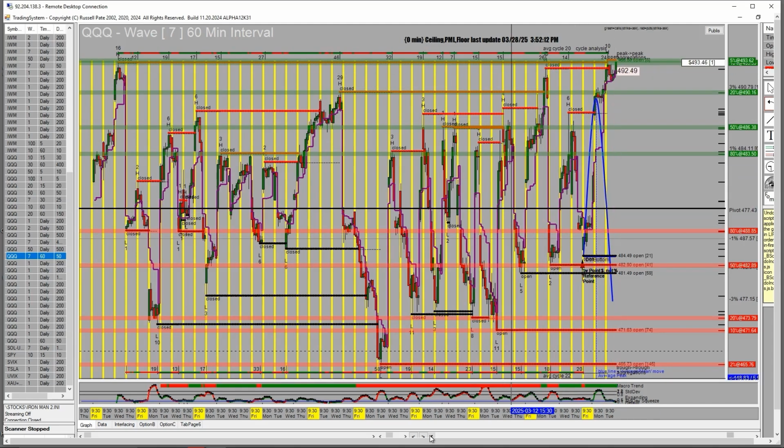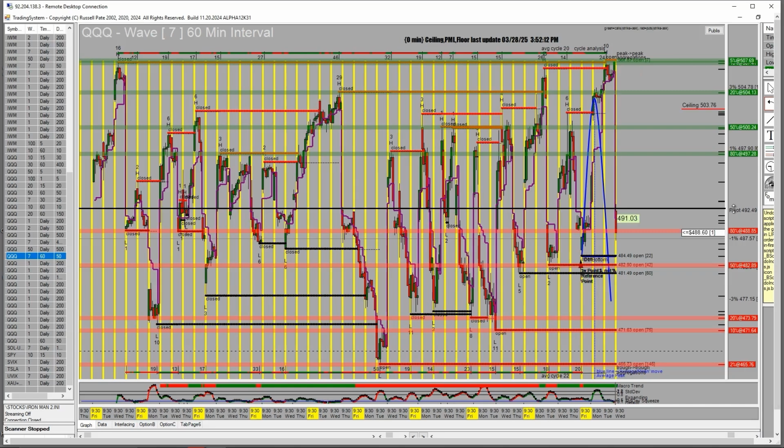If I go back again, 492.49 was the last value of the vector. Now, just as we see the transition, the value of the pivot is going to change to 492.49. Done. You can see right here, the pivot's value actually changed. This is the same for every single chart.